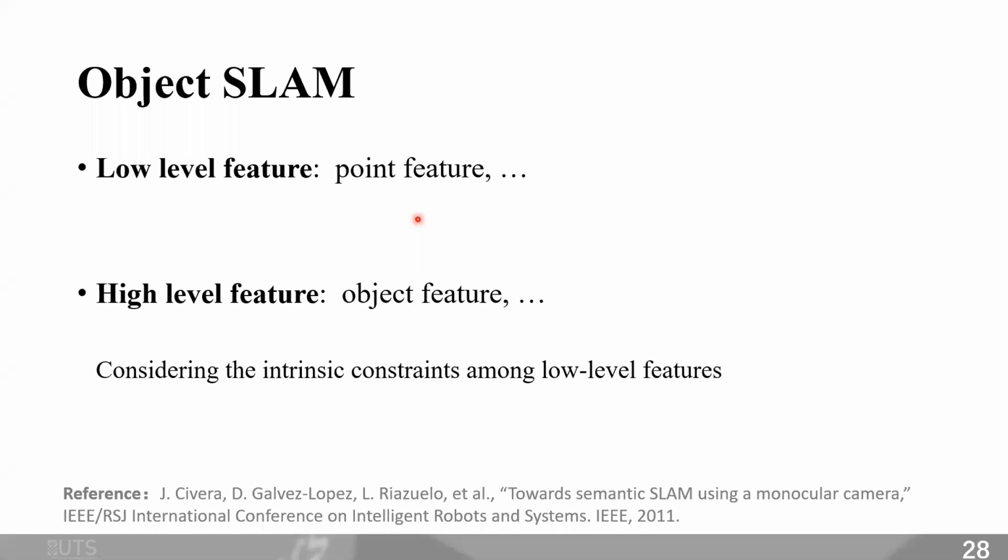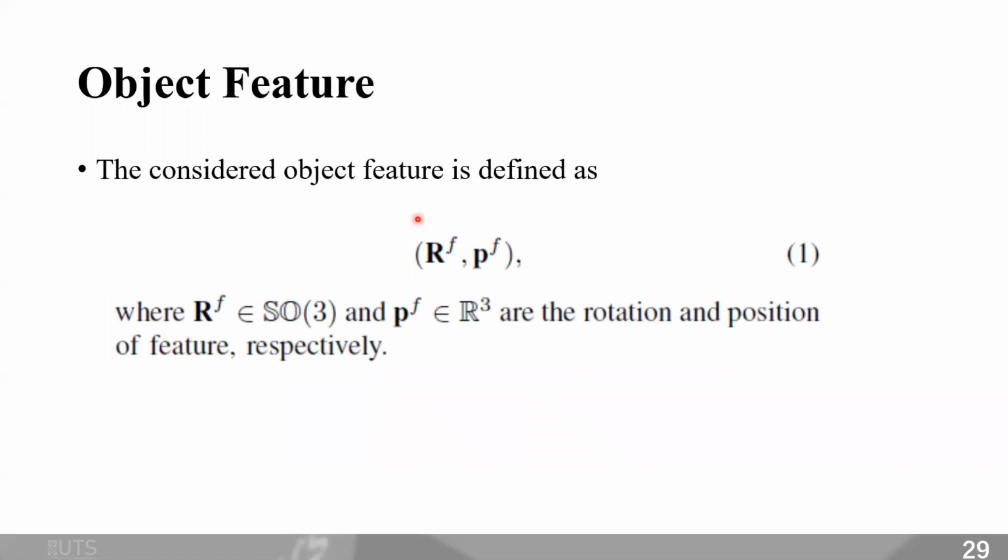So this is our work submitted to RA-L this year, and we introduced a new Lie group. Based on this new Lie group, we proposed RI-EKF, and it has similar good properties to RI-EKF in the point feature-based type.